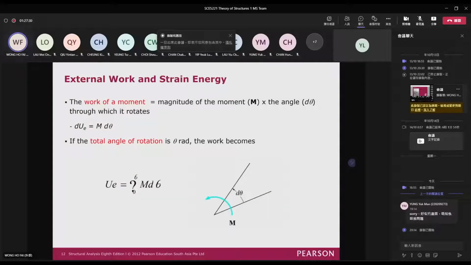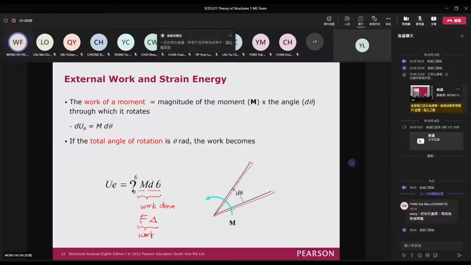Now if we have a moment and turn our structure through an angle d theta, originally the bar is here. The moment times the rotation will create the work done. It is similar to force times displacement, but instead it is moment times rotation.